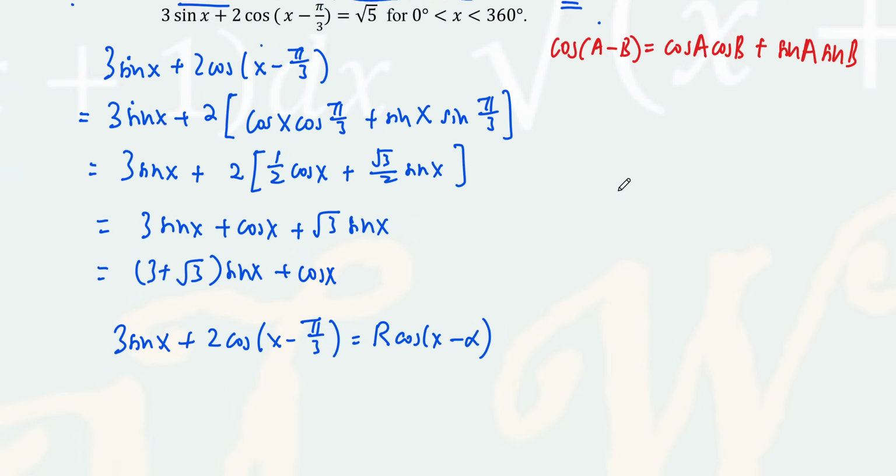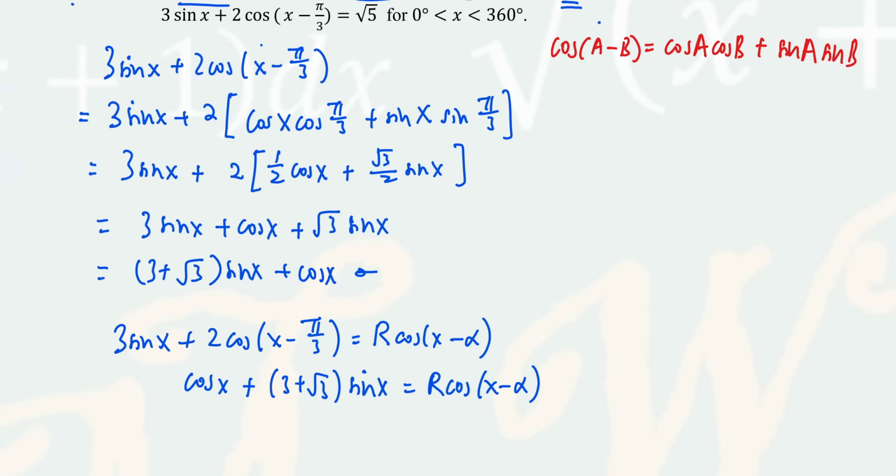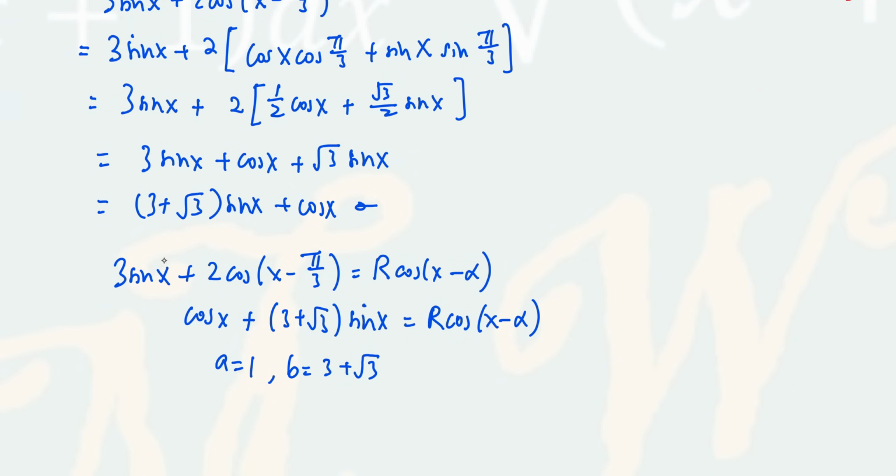Because the right side is cos, I have to write the cos x as the first term, plus 3 plus root 3 sine x, then equals to r cos x minus alpha. Which means now my a is 1 because it's 1 cos x, and then the b is going to be 3 plus root 3. Okay, done for the a and b.